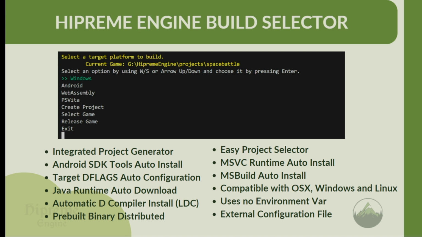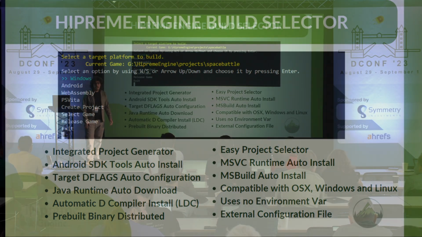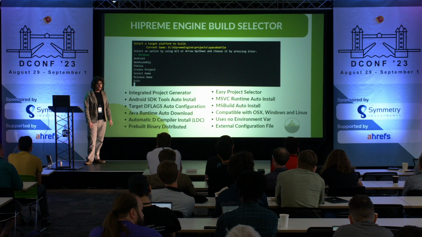With this build tool, you just select with arrows in your terminal, then you press enter, and it will automatically build for the platform you're targeting, automatically installing every kind of dependency you have. It doesn't require any kind of environment variable. I also used CI to distribute this as a separate binary, so you don't even need the language for running this tool, because it also automatically installs LDC for you and starts executing it. So this is a thing designed for any kind of user.